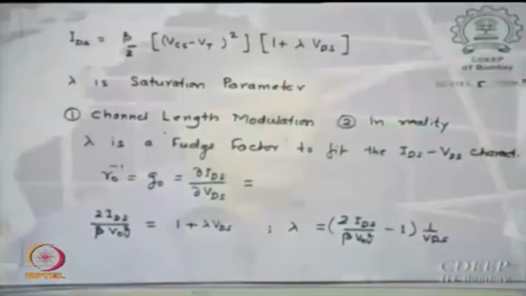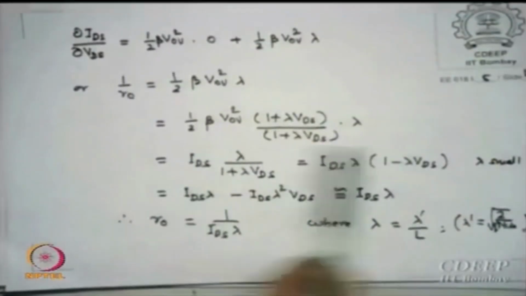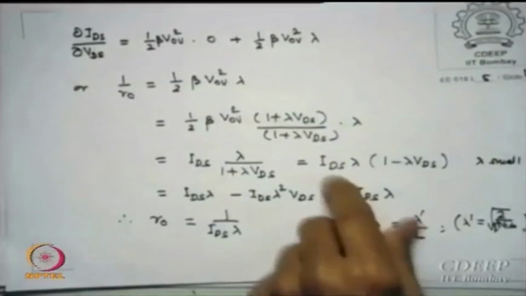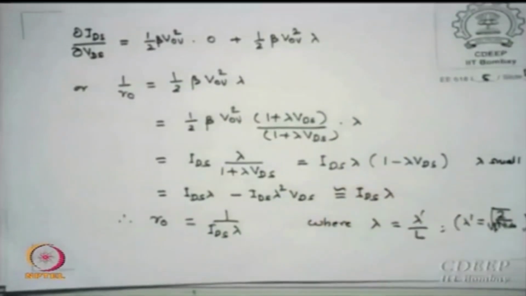Have you written down? R0 is just, there is nothing to write, the only statement I am making is it's a fit function rather than the real physics behind it in real life. If I differentiate this, R0 comes out something like this, and if I fit correctly I get the expression IDS lambda times 1 minus lambda VDS.